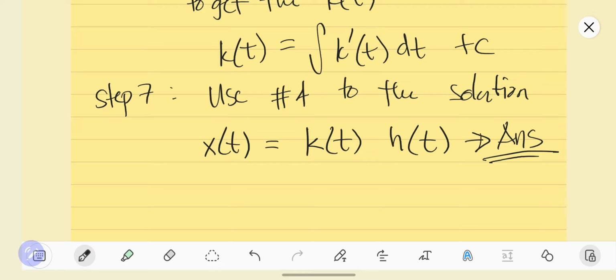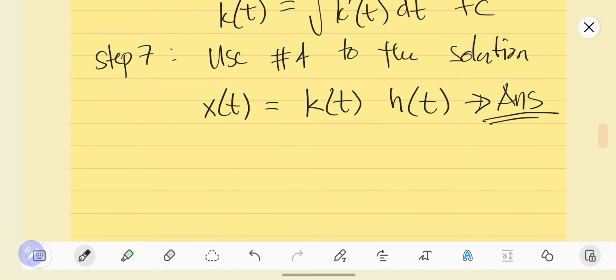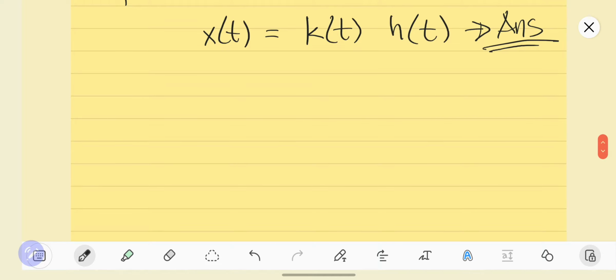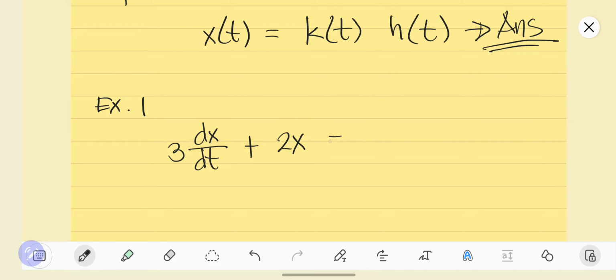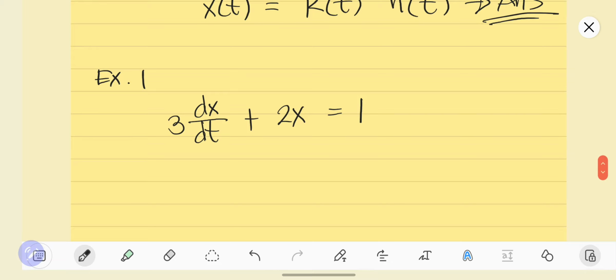So that's your answer. Let's try to solve an example, example number 1: 3 dx over dt plus 2x is equal to 1. We'll try to make this equation into the standard form.